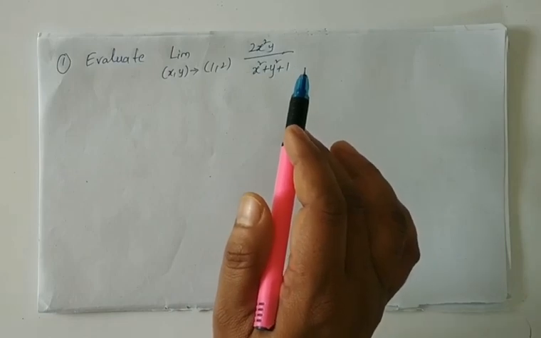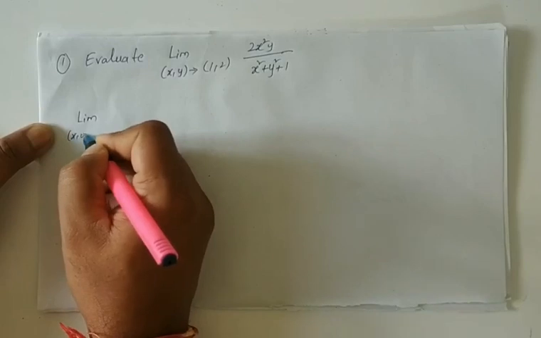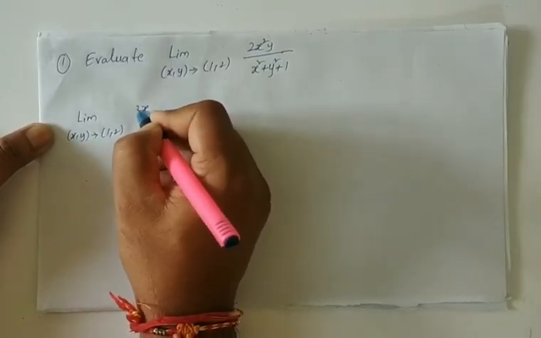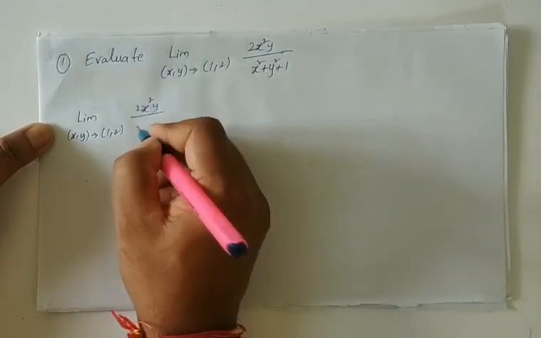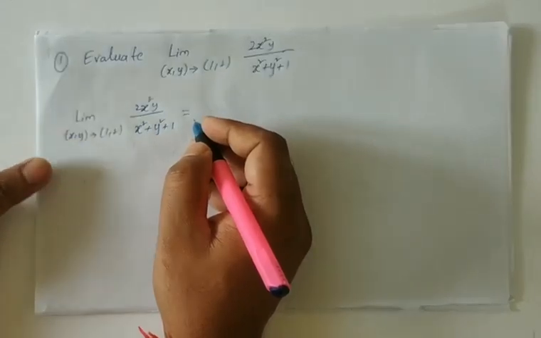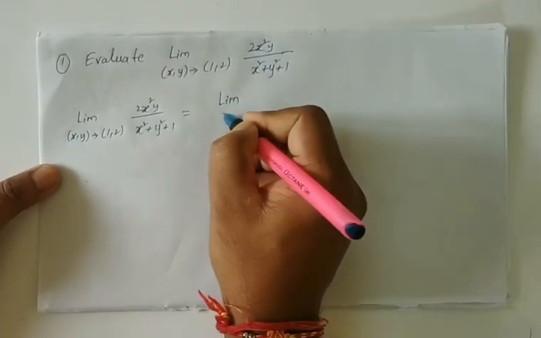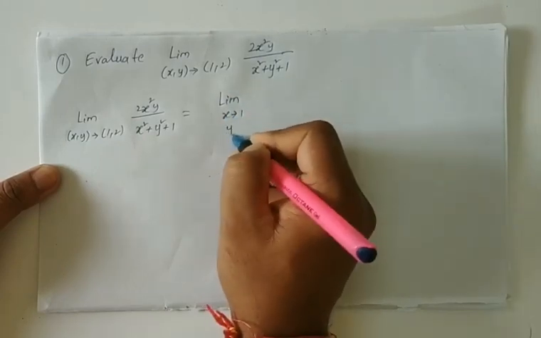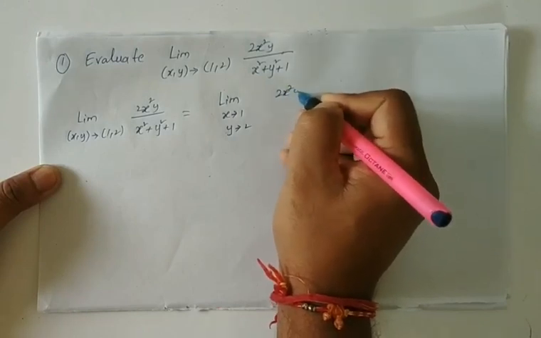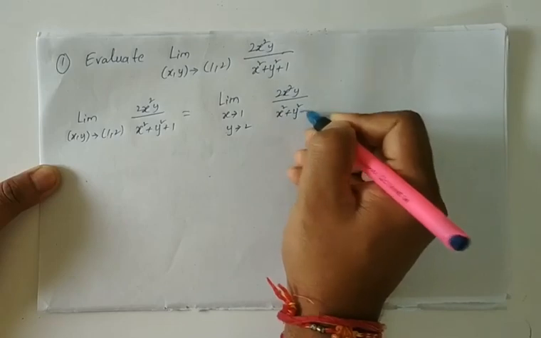So the limit is nothing but the double limit, x approaches 1, y approaches 2, of 2x square y by x square plus y square plus 1.